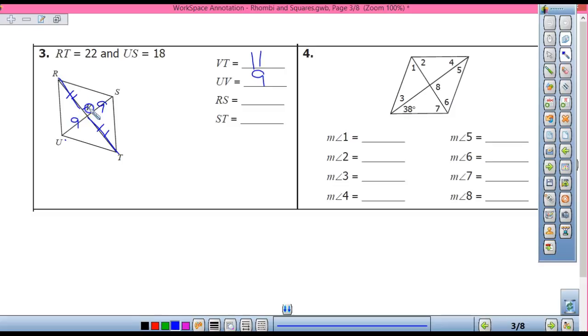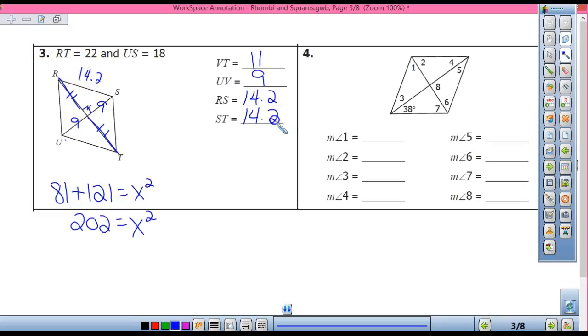Because diagonals are perpendicular. So how am I setting this up? 81 plus 121 equals x squared. So 202 equals x squared, and RS is 14.2. Is that right? Okay, so what's ST? Why? 4 equal sides.